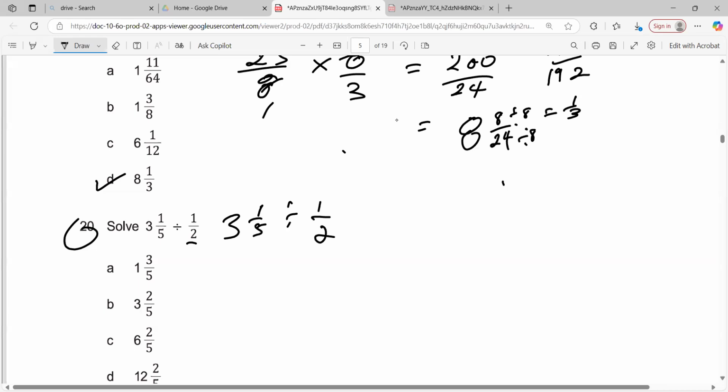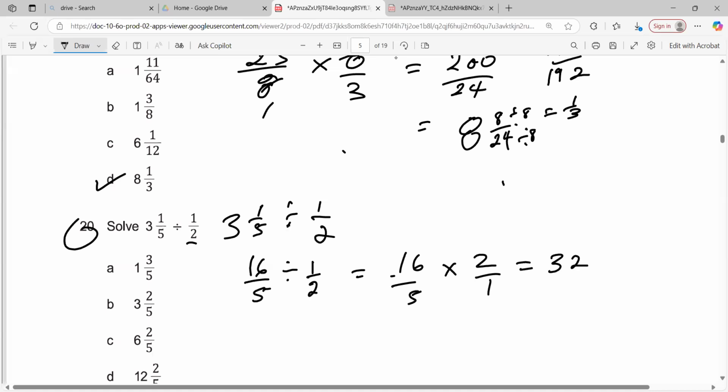So 16/5 divided by 3/2 equals 16/5 multiplied by 2 over 1 equals 32/15, which gives us 625.